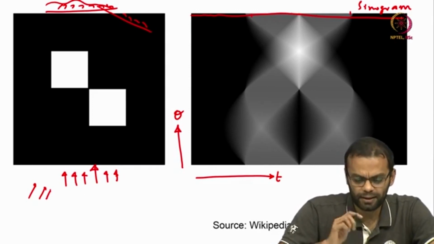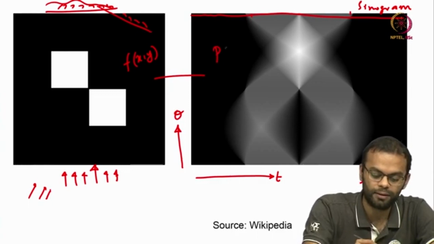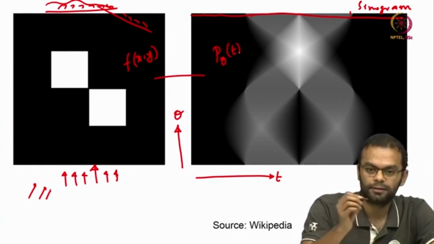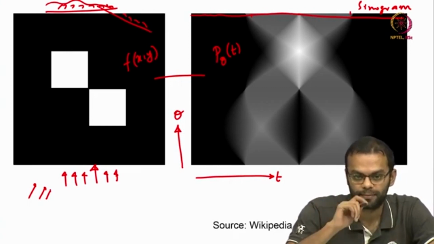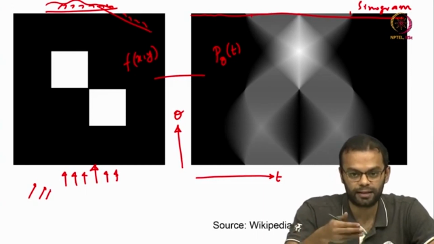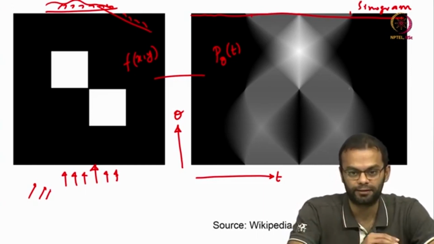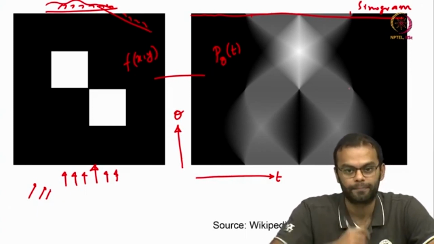So this is your f of x y representation, and this is your p theta of t representation. This is a 2D representation and this is also a 2D representation, both are absolutely equivalent. If you did not know the left and you only knew the right, you can reconstruct the left using the Fourier slice theorem, and if you only knew the left you can generate the right by just evaluating these line integrals.